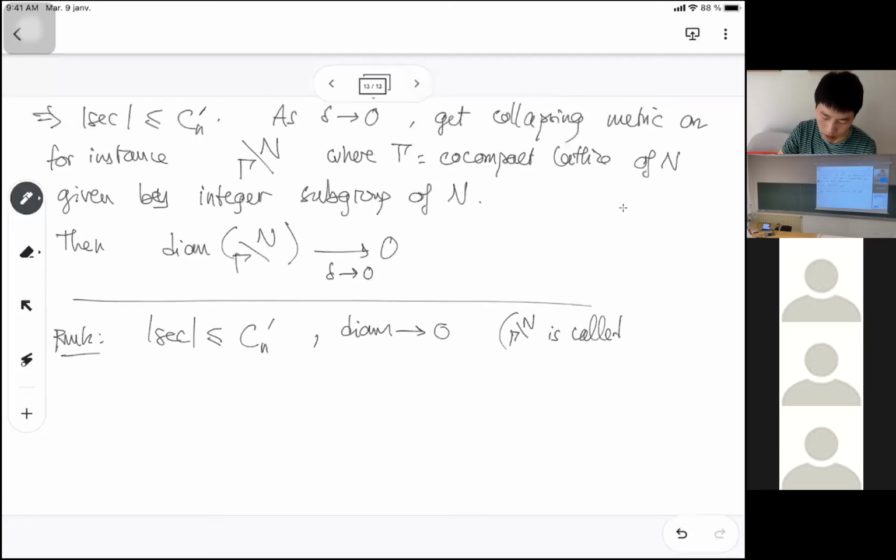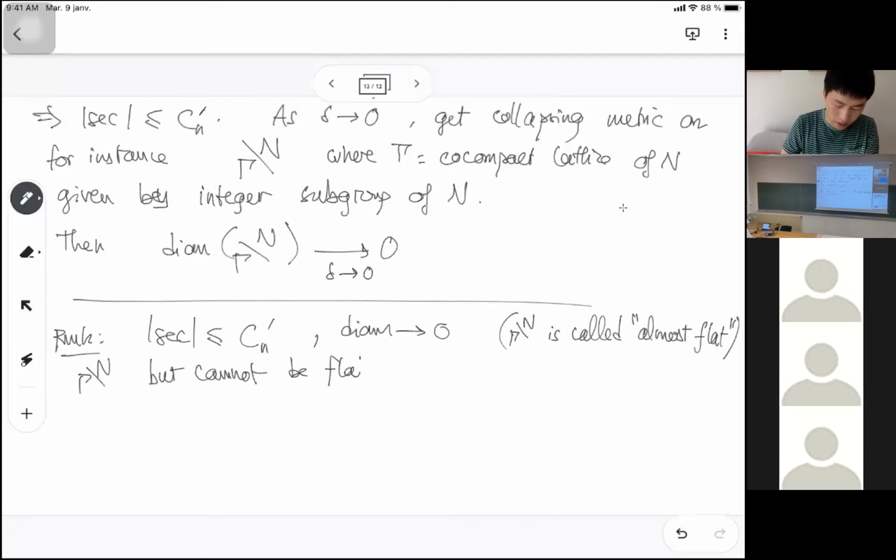So, almost flat, but cannot be flat. Cannot be flat due to Bieberbach.